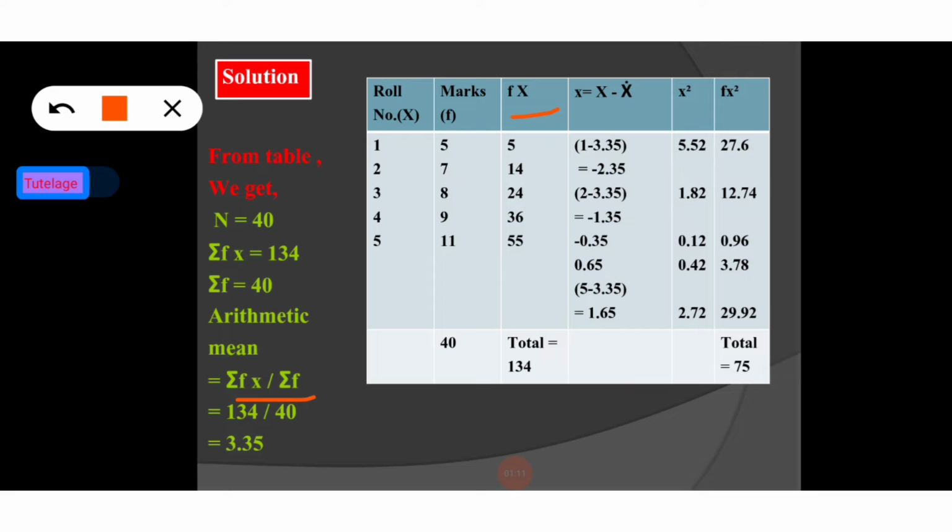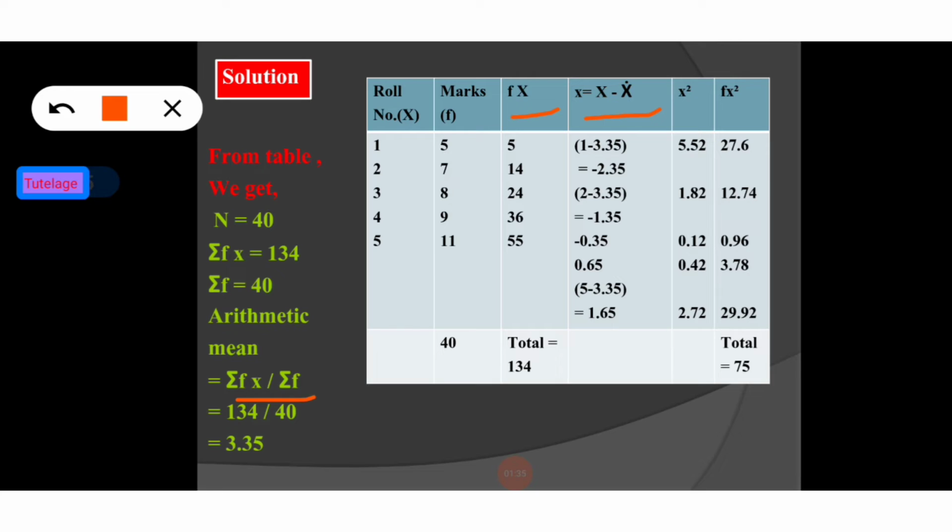And now going to the second step, we are taking the deviation of the items from the actual mean, which is denoted by x bar. So small x is equal to capital X minus x bar. Okay. Now going to the next step, square the deviations.